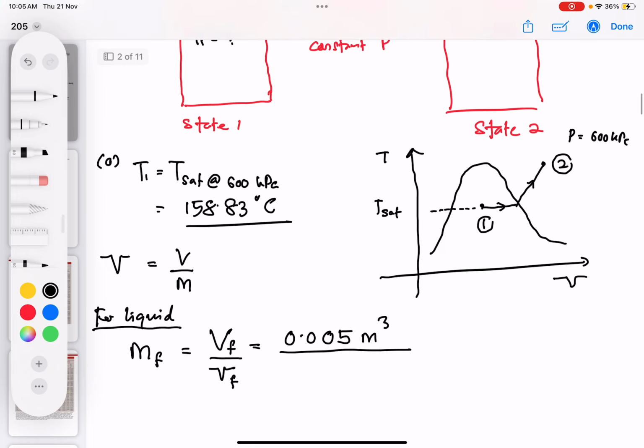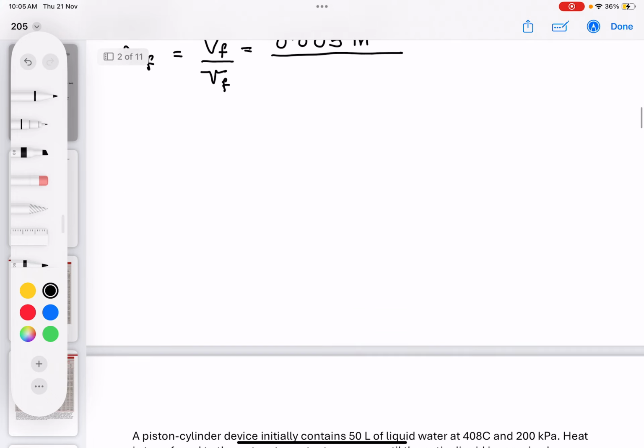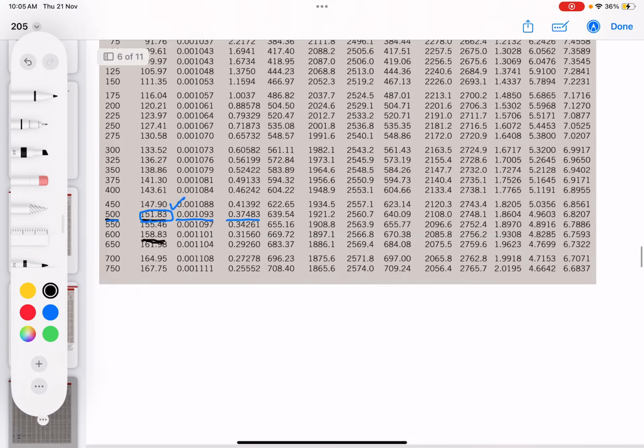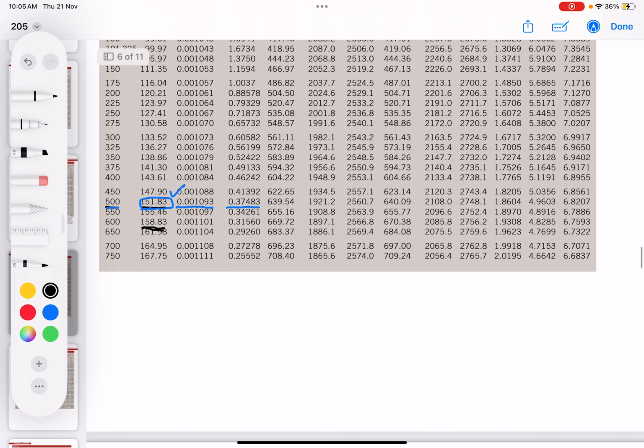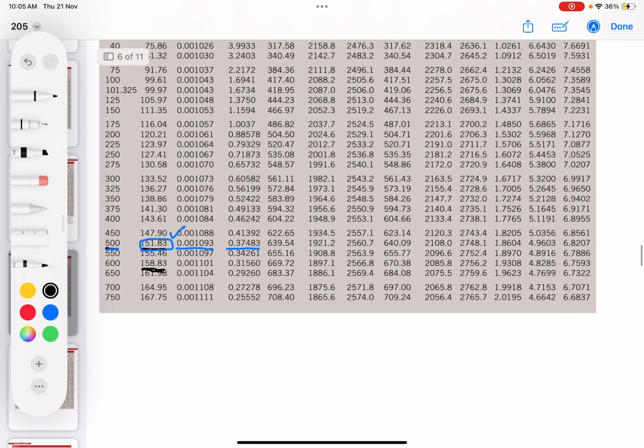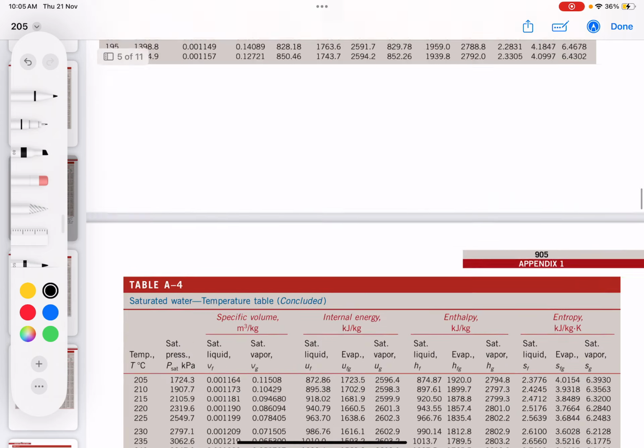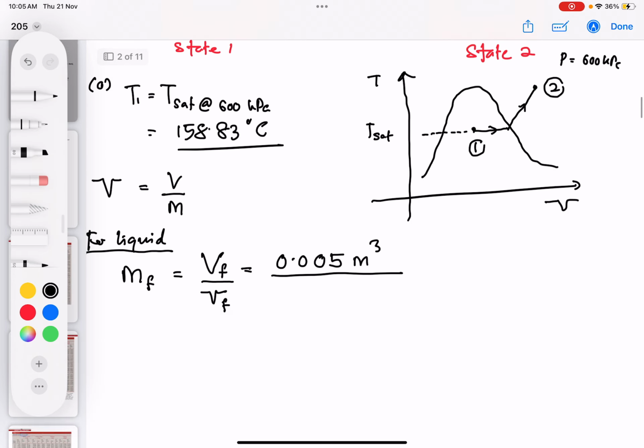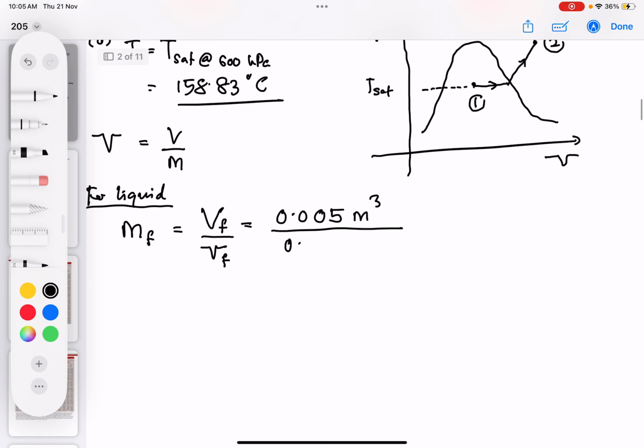This one I can obtain at pressure equals 600 kilopascal. So going back to this diagram, for 600 kilopascal, my vf equals 0.001101. So I'm going to write over here, I have 0.001101 meter cubed per kg.